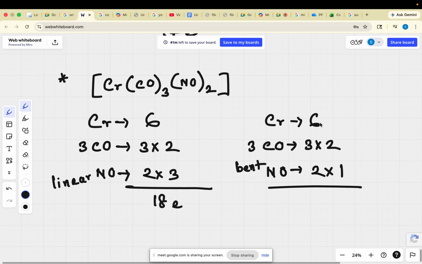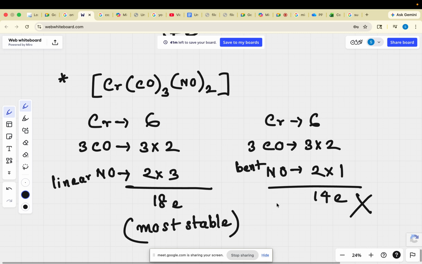So you get 6 plus 6 is 12, plus 2 is 14 electrons. That is not stable. If you get 18 electrons, it becomes much more stable. This one is most stable, and this one is not stable. That's why we consider linear NO, not bent NO.